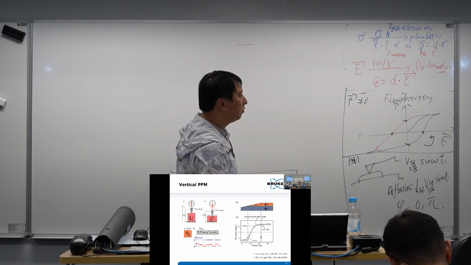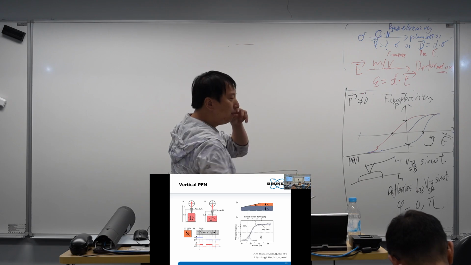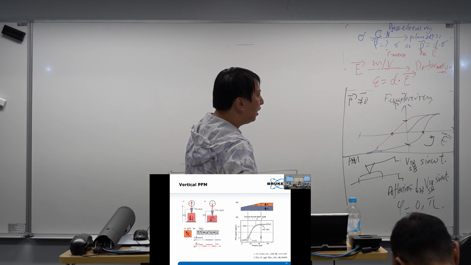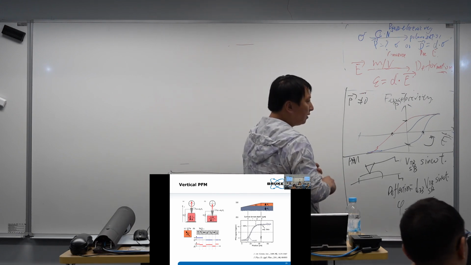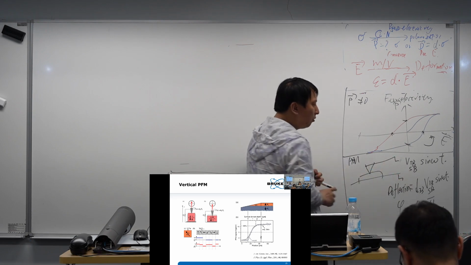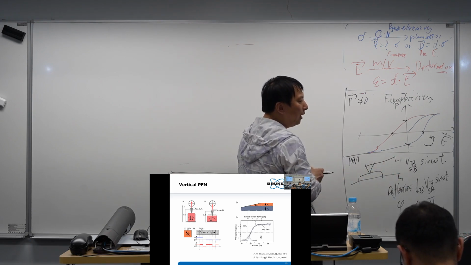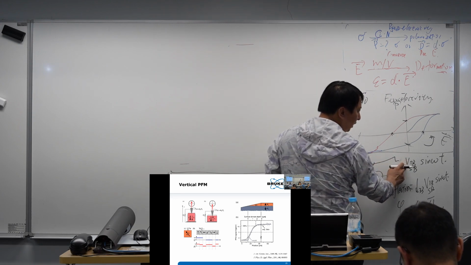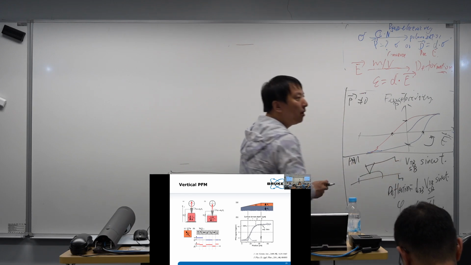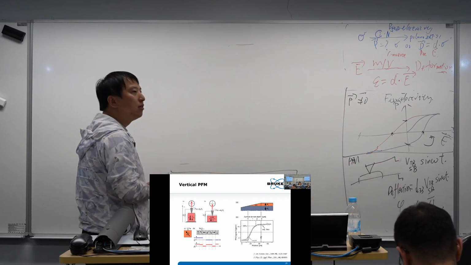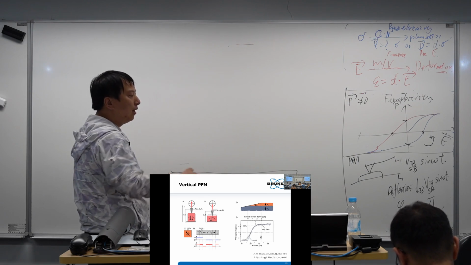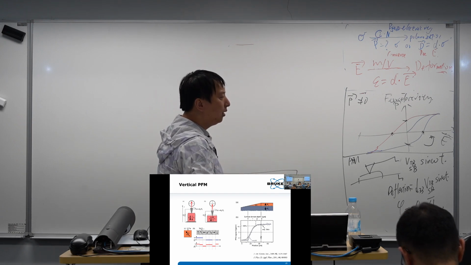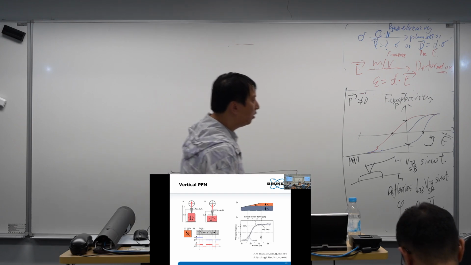piezoresponse force microscope. This PFM is based on the piezoresponse, the piezoelectricity. So we place the sample on top of our stage, and we can apply an electric field on our sample. We can apply a tip bias or a sample bias. To reduce the noise and the disturbance from the environment, we use modulation, or we use the lock-in theory.